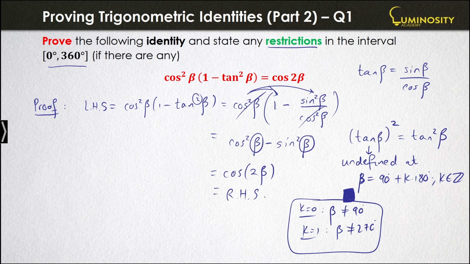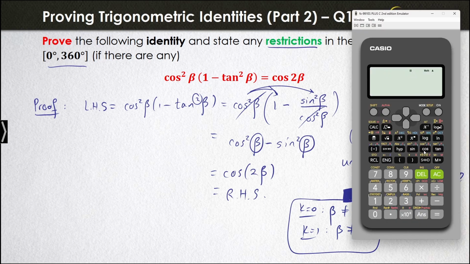All right, and you can actually see what I mean by this. On the right-hand side, if I took 90 degrees, then cos of 2 times 90, now that does make -1. But on the left-hand side, if we did that expression, so cos of 90, and then square it, because that's cos squared, open brackets, close brackets, 1 minus, and then for tan, you're going to put open and close brackets squared, and then in those brackets, you're going to put tan of 90.